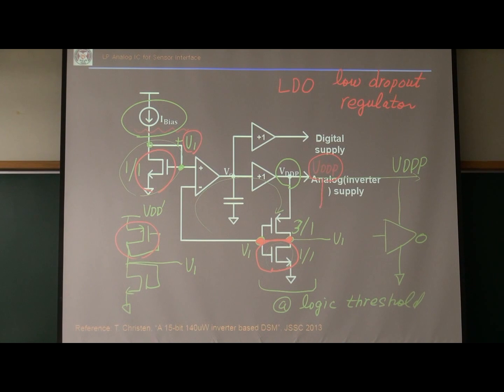Usually this part is just a resistor, R1, R2, then my VDDP will be R2 over R1 plus R2 times V1, right? That's a conventional LDO circuit. But here, those two resistors are replaced by an NMOS diode and a PMOS diode in series.